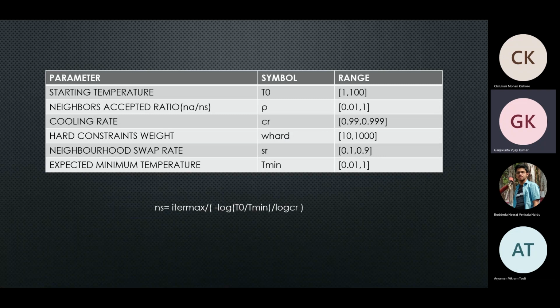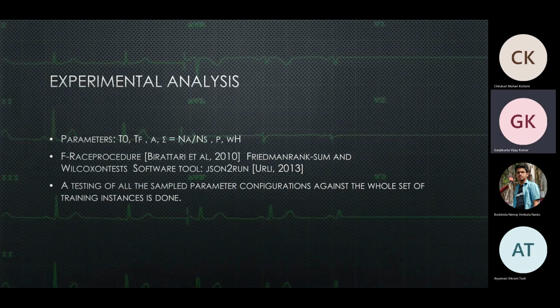Now we can improve this algorithm by tuning these parameters. So let us do an experimental analysis. This is the experimental analysis that we are conducting over the parameters. T naught, TVF, all these we already know. Now let us apply tuning to this.